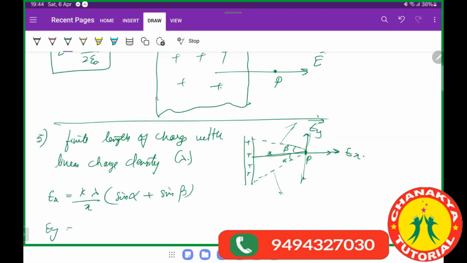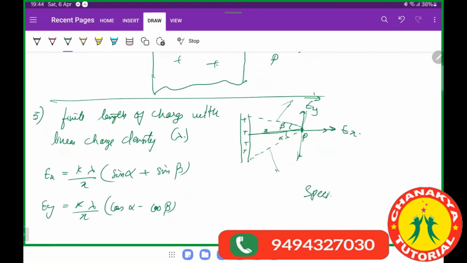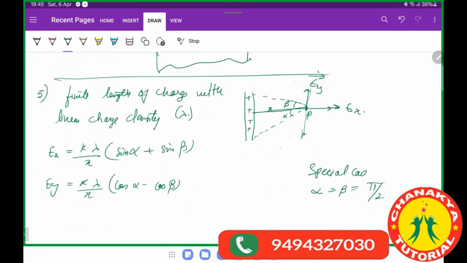Then Ey equals K lambda by x times cos alpha minus cos beta. A special case: alpha equals beta equals 90 degrees or pi by 2, meaning the angle becomes vertical, perpendicular. It's the special case for this.